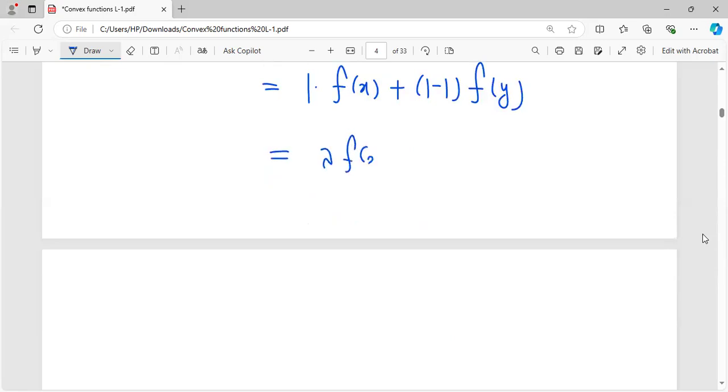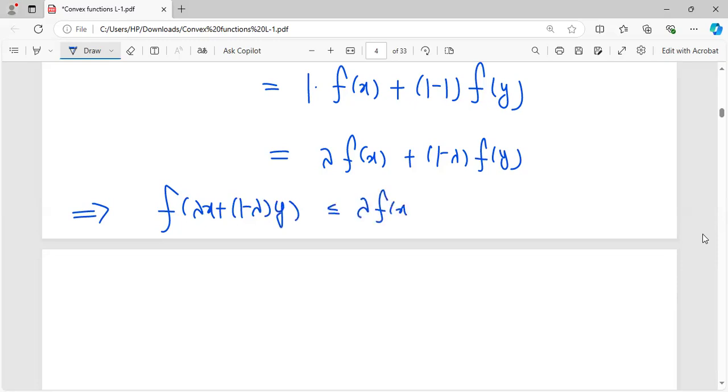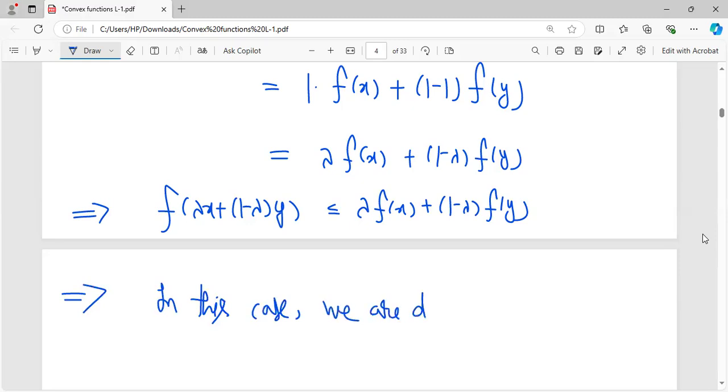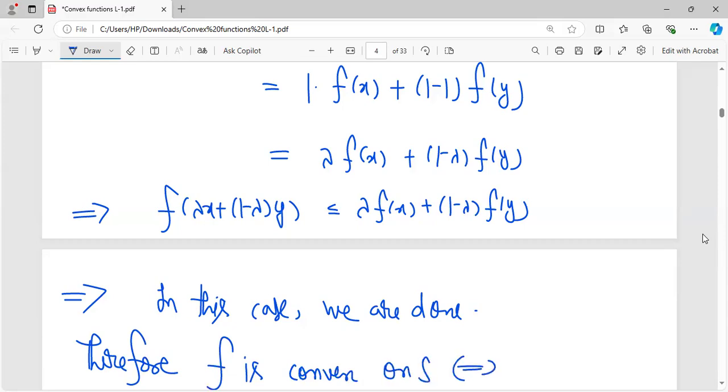So lambda f of x plus 1 minus lambda f of y. So this implies f of lambda x plus 1 minus lambda y is less than or equal to lambda f of x plus 1 minus lambda f of y. So in this case we are done. Hence, therefore, f is convex on S.